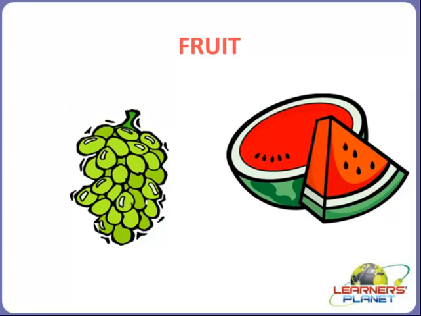The third part of a plant is a fruit. Children, fruit is a part of the plant that has got seeds. So children, we can see here that there are very small seeds present in this fruit. So this is a grape and this is a watermelon.